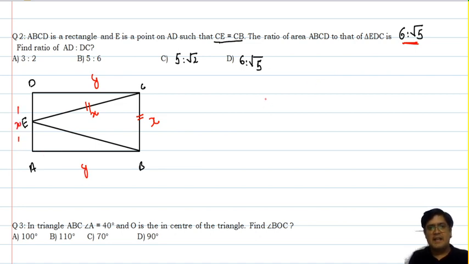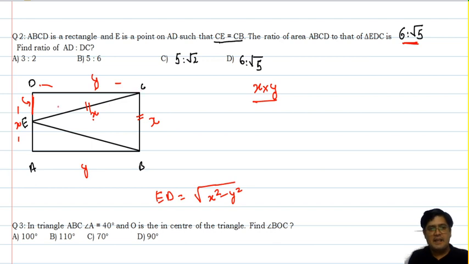So ABCD area is basically X into Y divided by, I want EDC area. For EDC, if I take Y as the height, DC as the height, I need ED as the base. Now look at this triangle. This is Y, this is X. So ED, value of ED, I'm getting as root over x square minus y square.